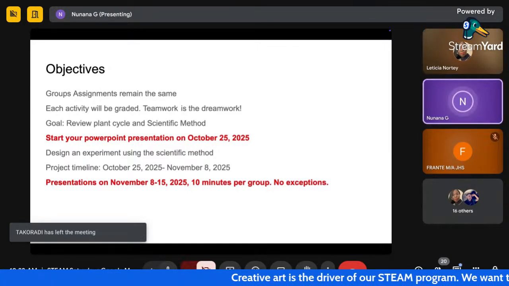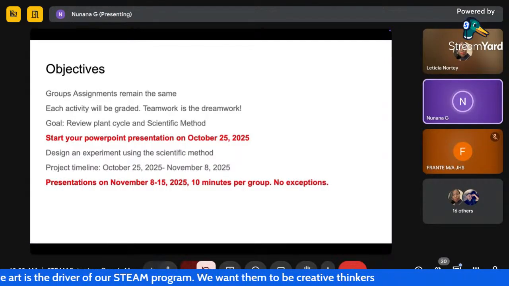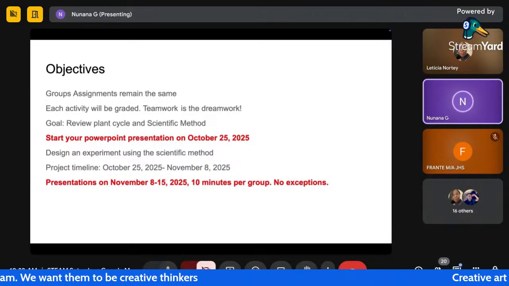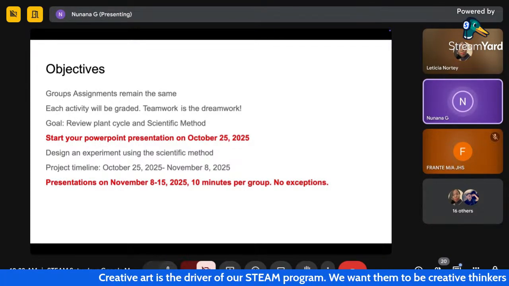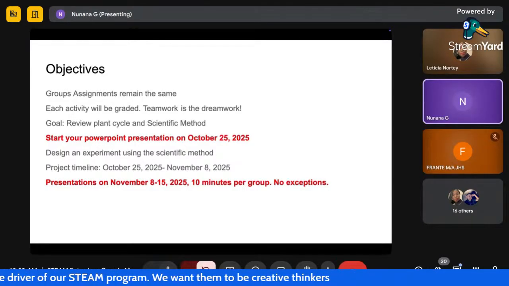Our goal is to review the scientific method and the plant cycle, and then start the experiment. Your presentation is 10 minutes per group. There are no exceptions. We're all going to be working on beans. No one should come with anything but beans. If you come with anything but beans, it's zero.